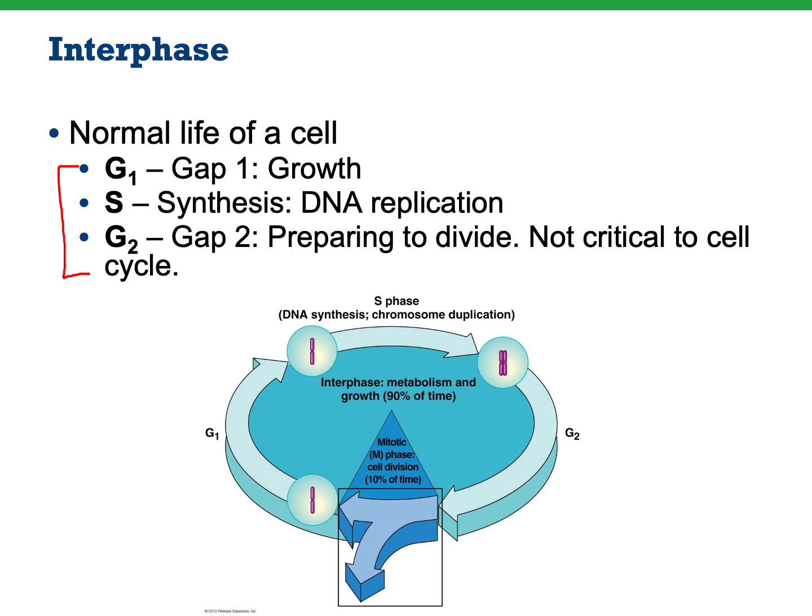In S phase, the synthesis phase, the DNA of the cells is divided into two copies, one for each of the daughter cells. And in G2 or gap2 phase, the cell is preparing to divide. After G2, the cell can enter mitosis or meiosis, depending on the type of cell, somatic or germ cell.